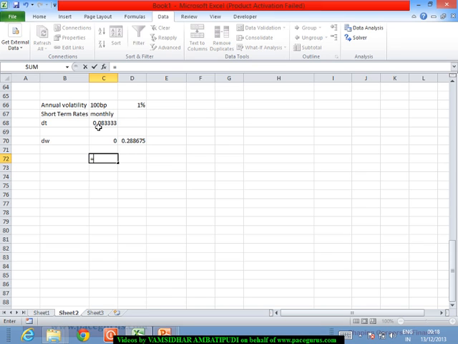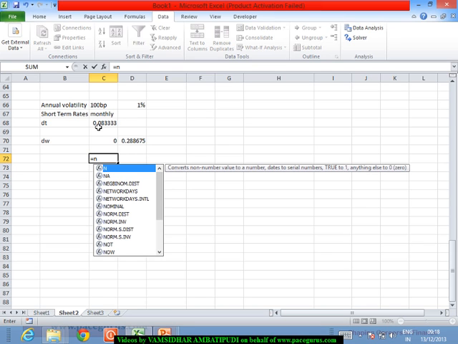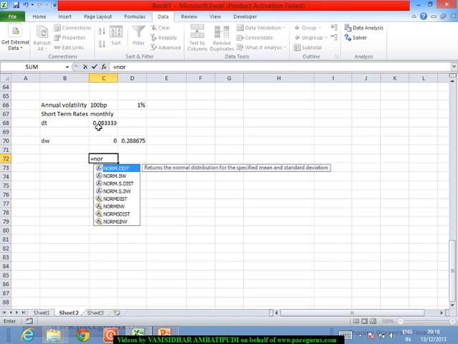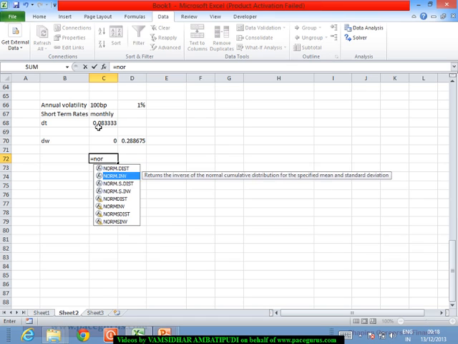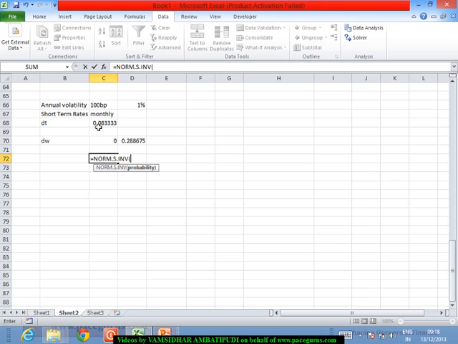How do I generate it? We need not use the standard normal distribution, because the mean is 0 and the standard deviation is not 1.